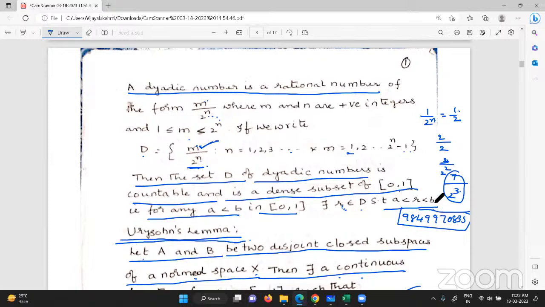Here 1 by 2 cube is a dyadic number, 2 by 2 cube is a dyadic number, 3 by 2 cube is a dyadic number, up to 7 by 2 cube. So you will have so many dyadic numbers from 1 to 8. Okay? Next.